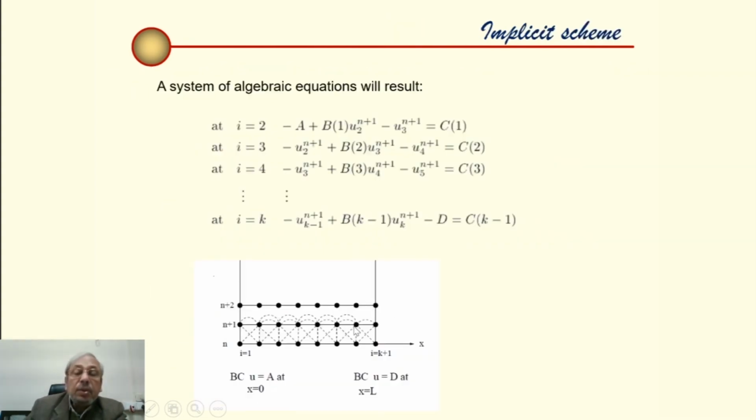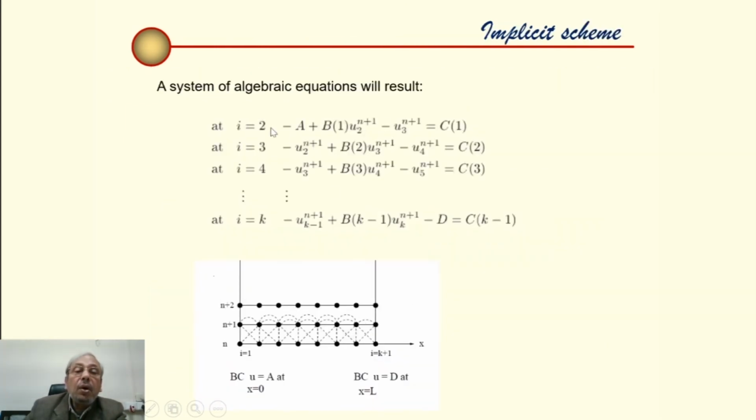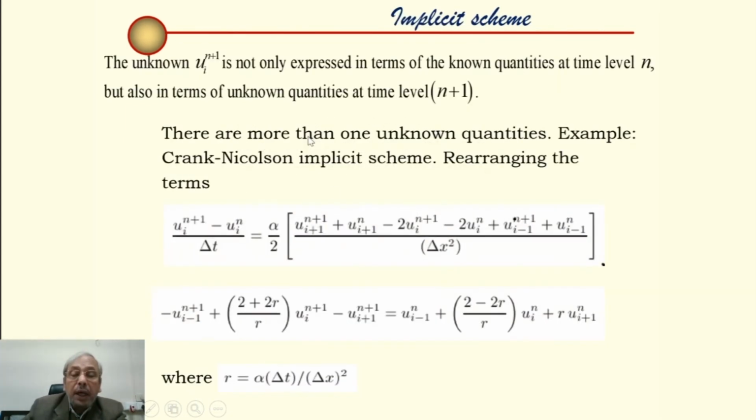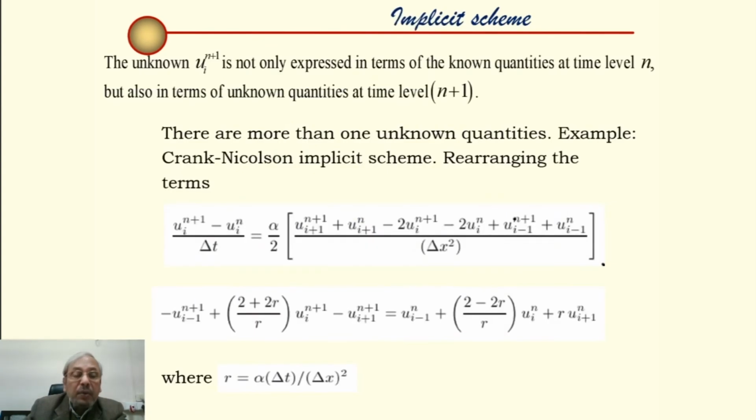And we have to substitute. For example, if we substitute i equal to 2, here we will get u2, here we will get u1, here we will get u3. All are unknown at n plus 1th level. So for i equal to 2, this will be u1, u2, u3. Here we have written u3 and u2, but u1 is basically the boundary condition.